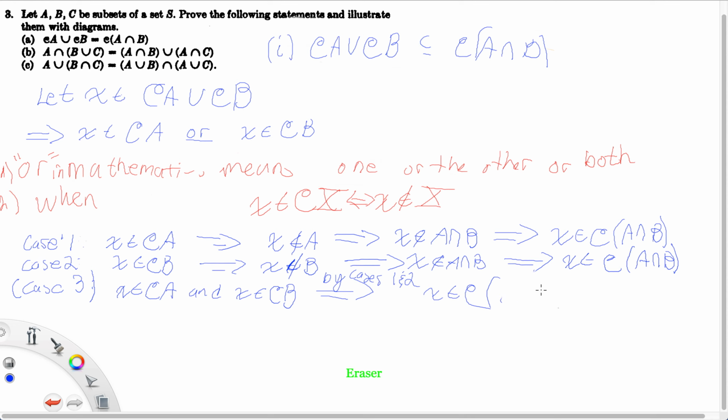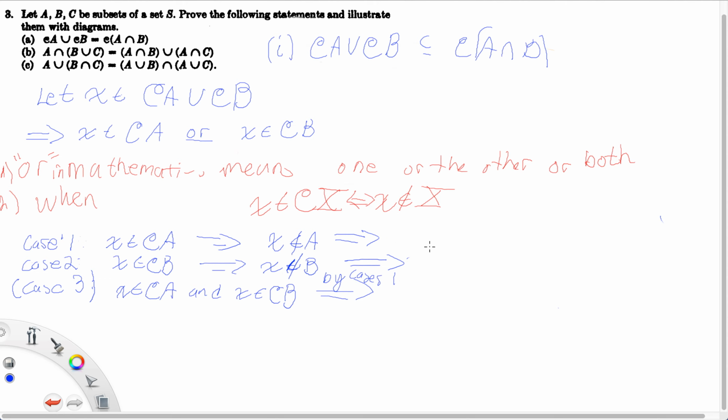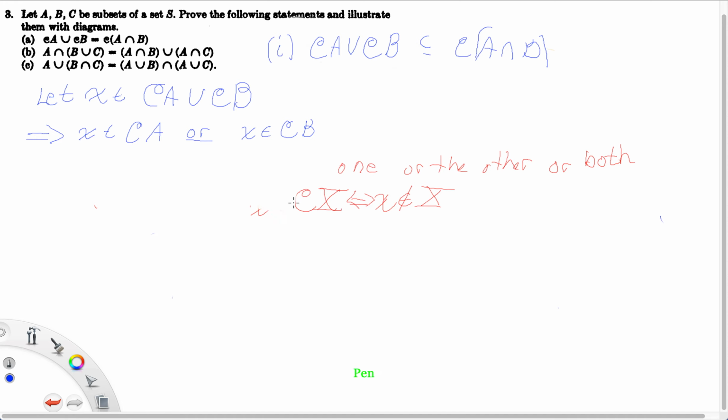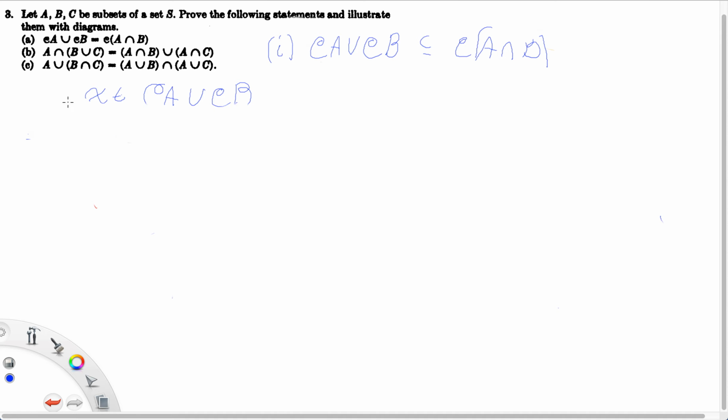So let's move on to the second step, which is to show that the complement of A intersect B is a subset of, or is contained in, the complement of A union the complement of B. Let me finish erasing this first. We're just going to flip that around.